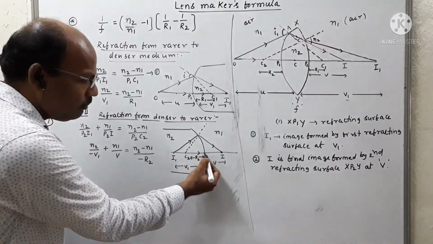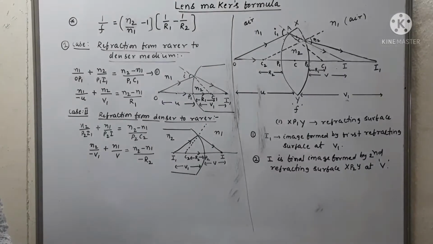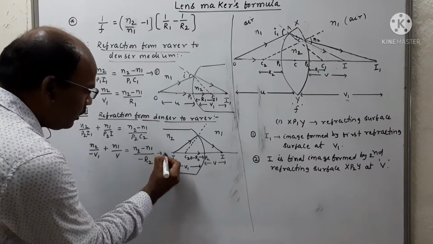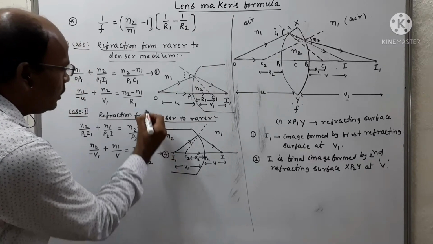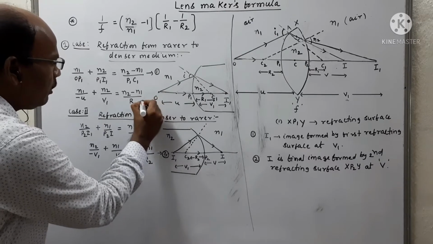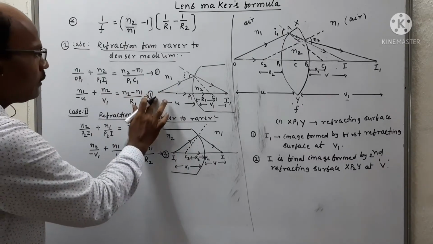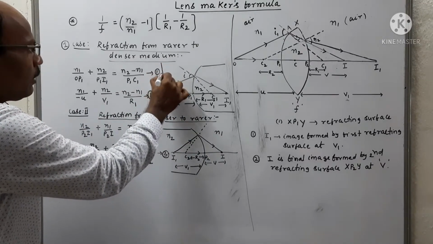Because it is measured from the pole to the center of curvature in the opposite direction of the incident light. So this is called equation 2, and the earlier one is equation 1.